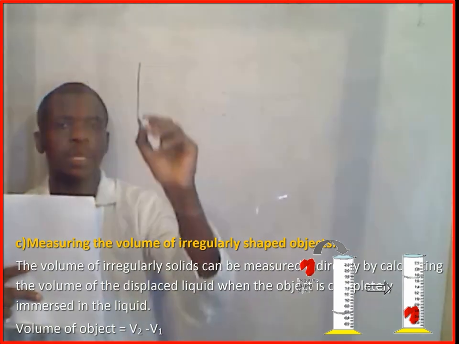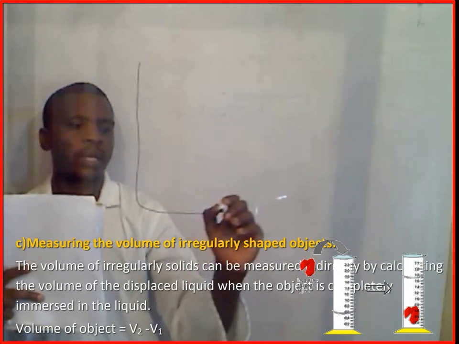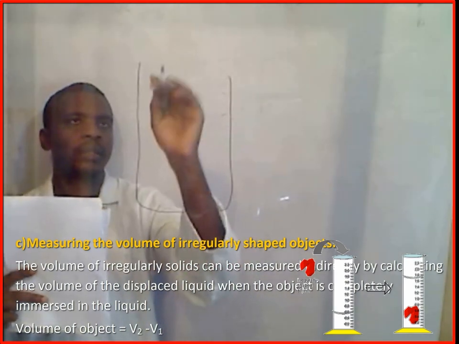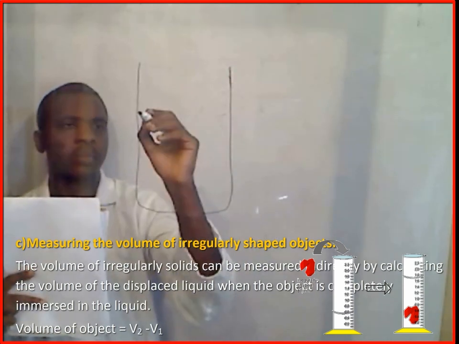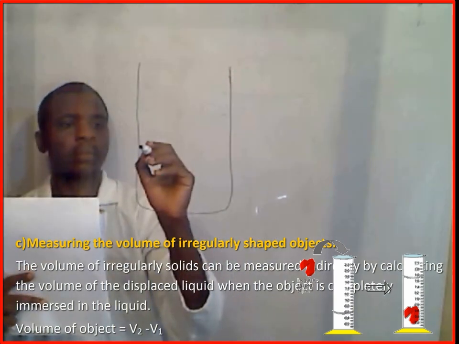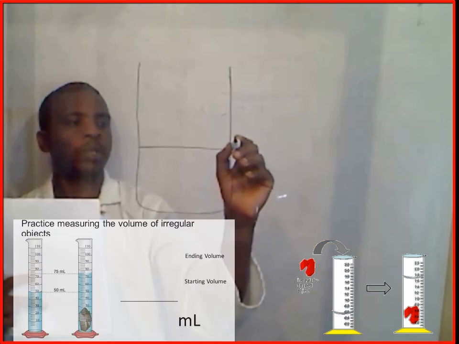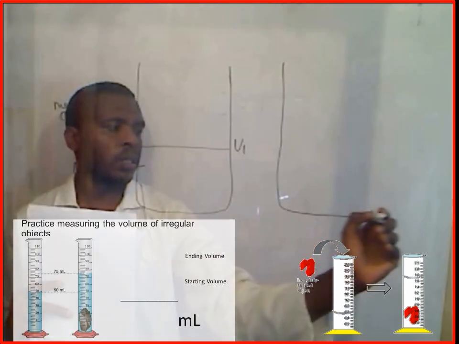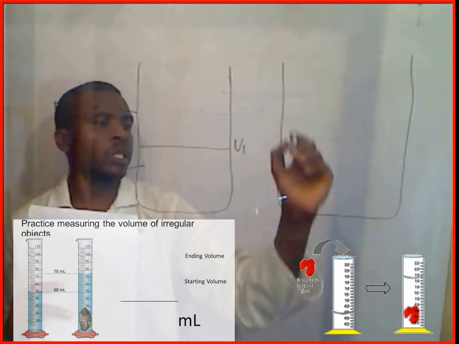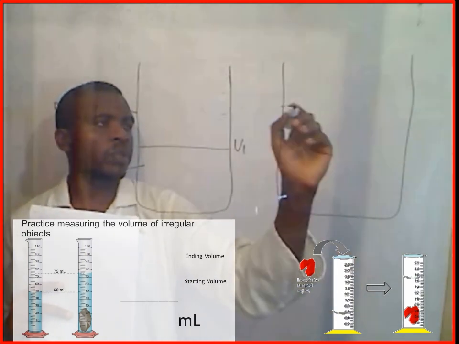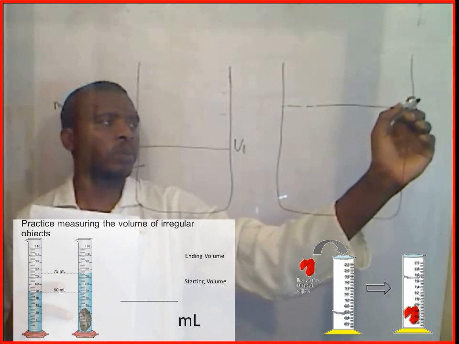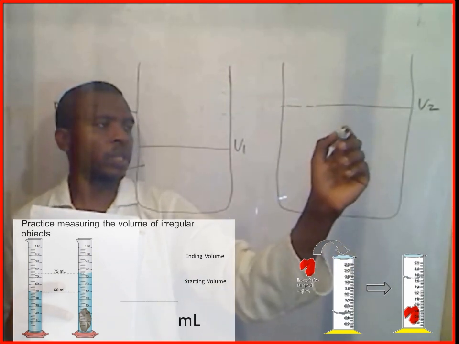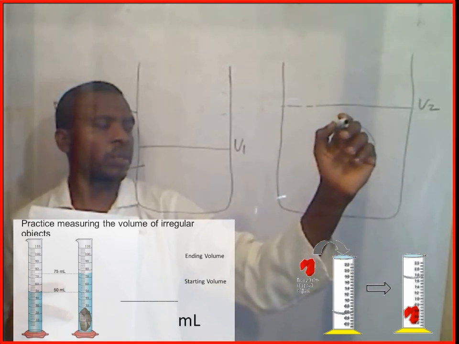Given a measuring cylinder with liquid inside, which we call V1, after immersing the object completely into the liquid, the volume moves to V2. So this is the object that is immersed.